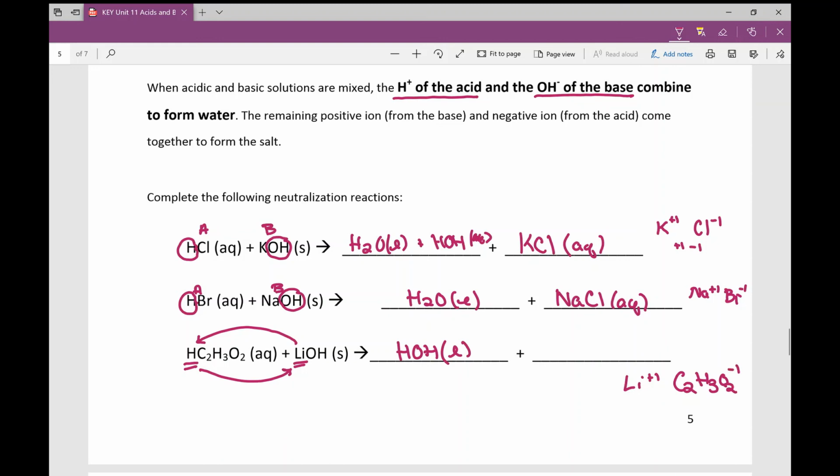They're 1 and 1, they cancel each other out, so you'd have LiC2H3O2, as your examples. You could also see the reverse of this, where they give you the salt and you would have to work backwards, break it apart in two, and come up with what the original acid or base was.